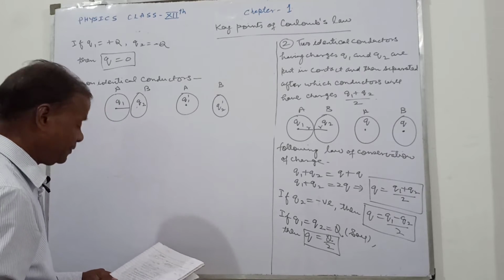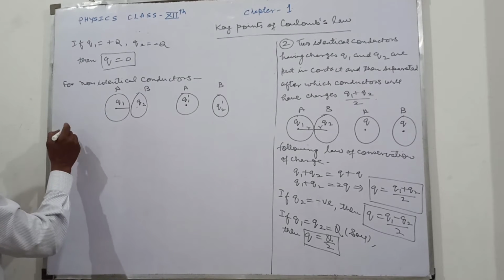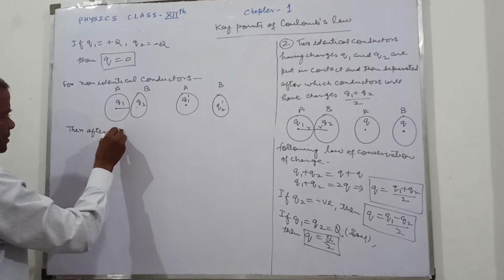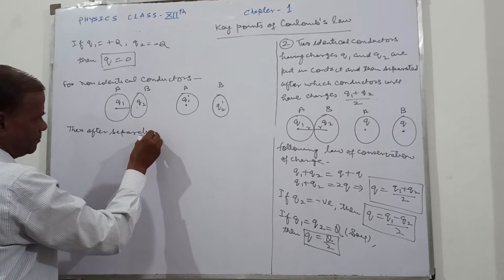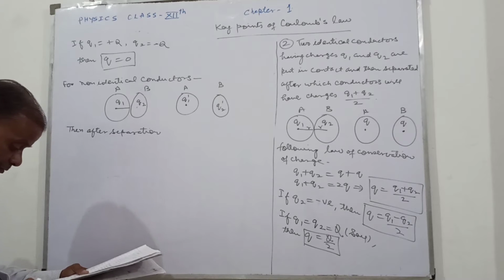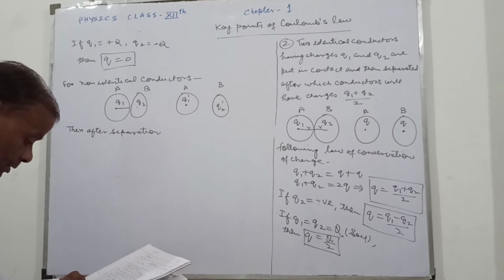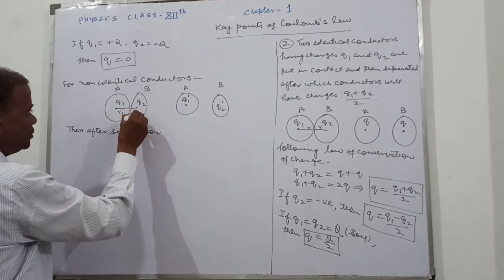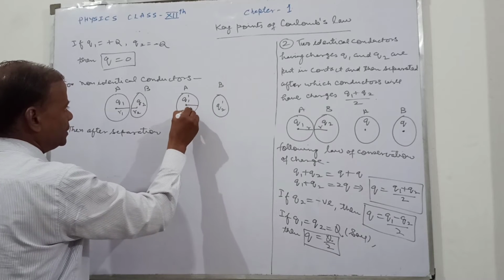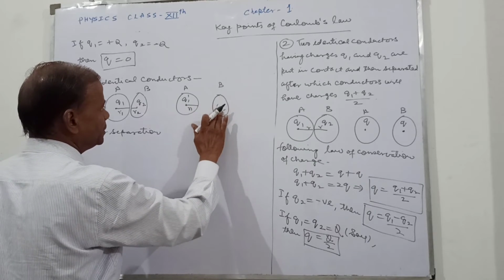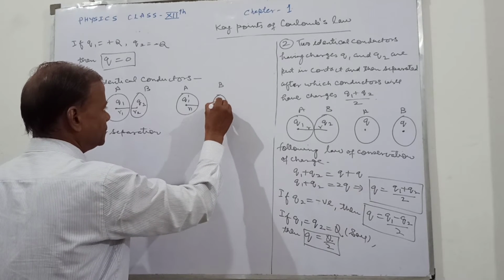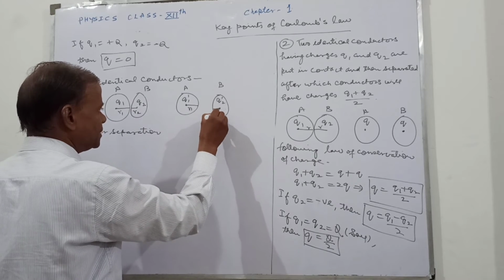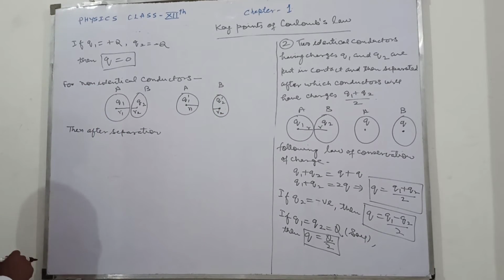After separation, the first one has radius R1 and the second has radius R2, and the radii are given to us.